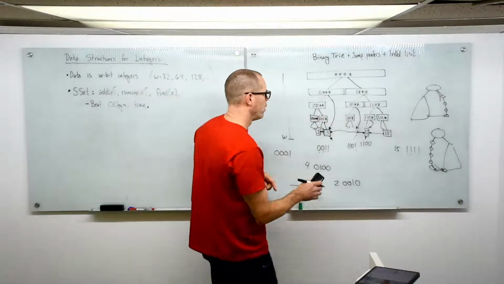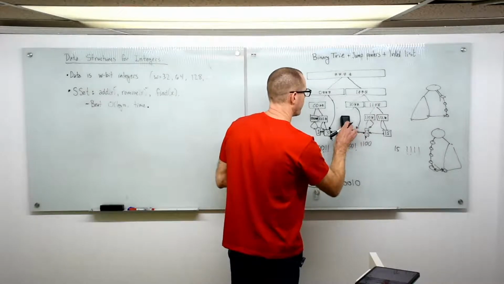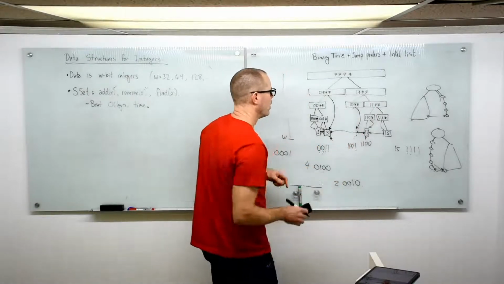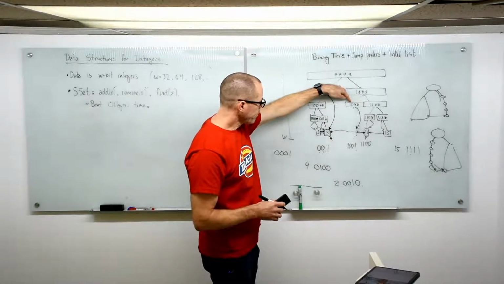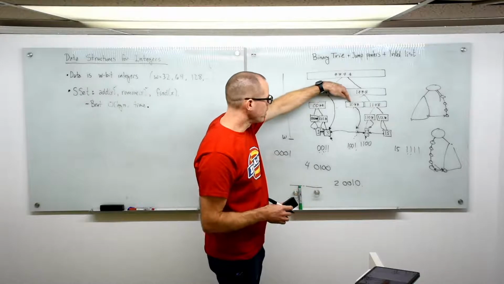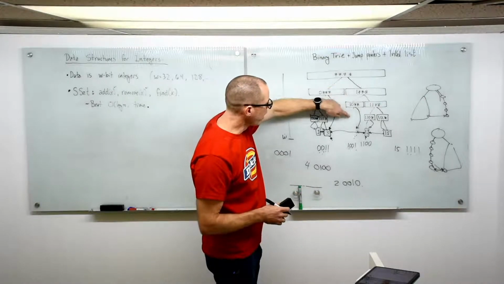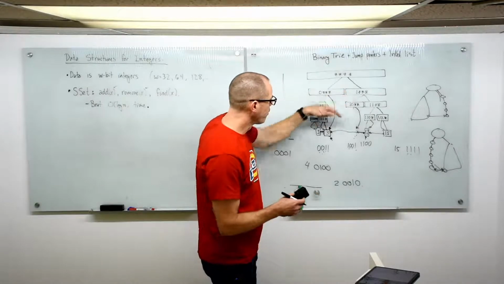So we delete it. Now this node here has no children anymore, right? Its only child was this other node, so it also has to go.